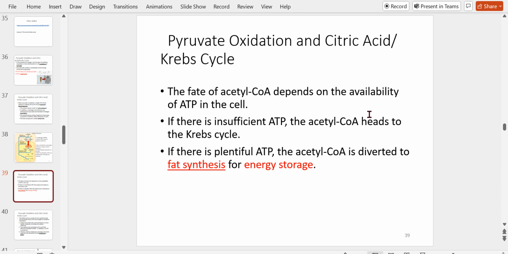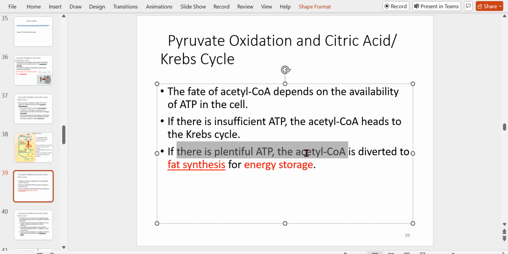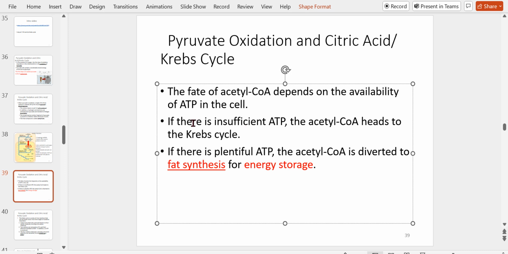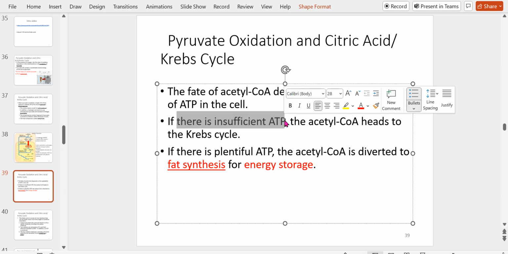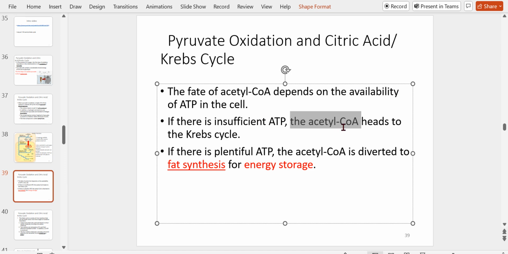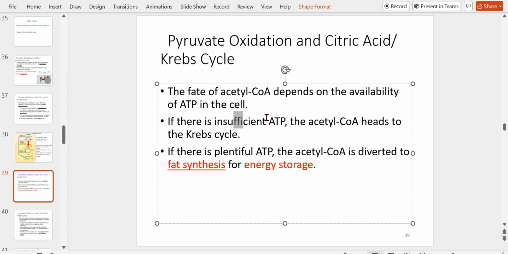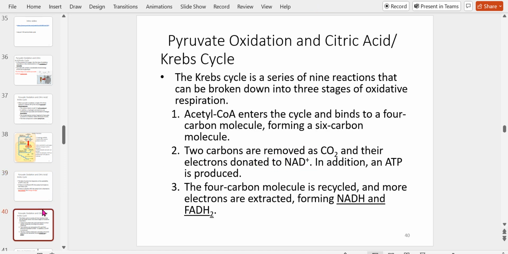If the ATP is plentiful, the acetyl-CoA is diverted to fat synthesis for energy storage. But if there is insufficient ATP and the cell needs more ATP to do stuff, then the acetyl-CoA enters the Krebs cycle. Interesting. So if there's no ATP, that acetyl-CoA goes to the Krebs cycle in the mitochondria. If there is plentiful ATP, the acetyl-CoA is diverted for energy storage.